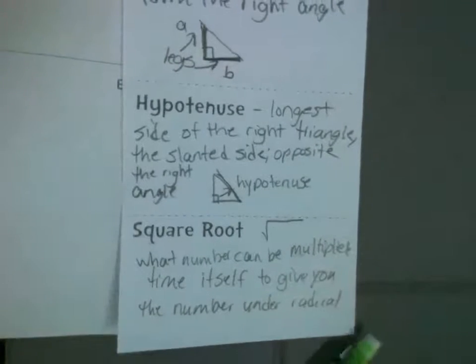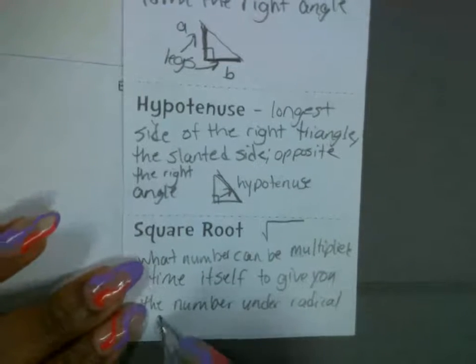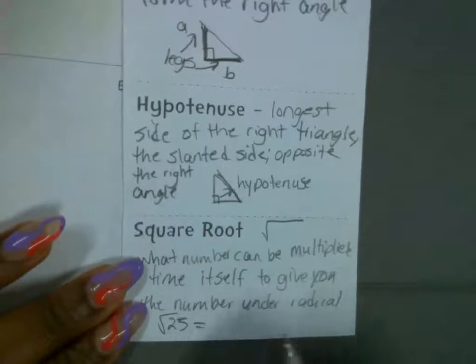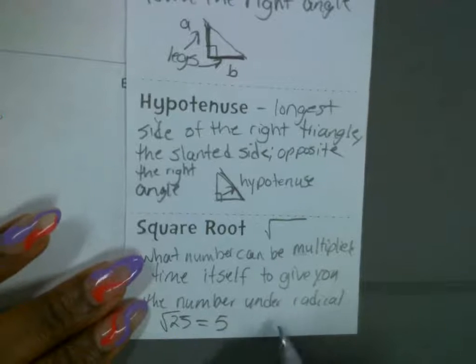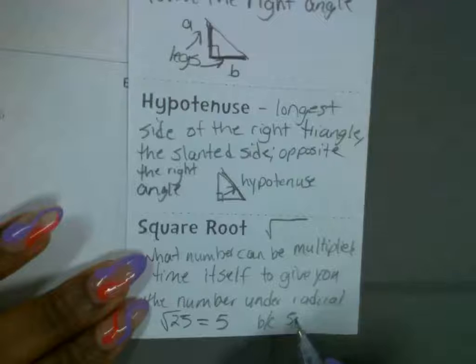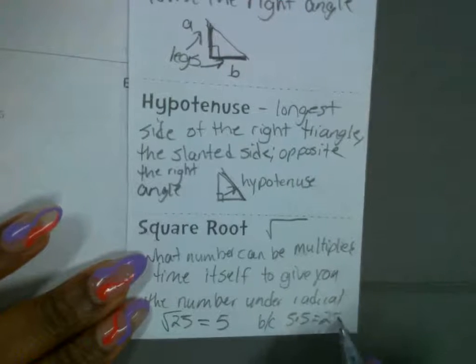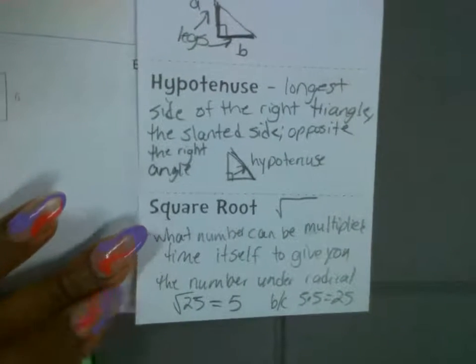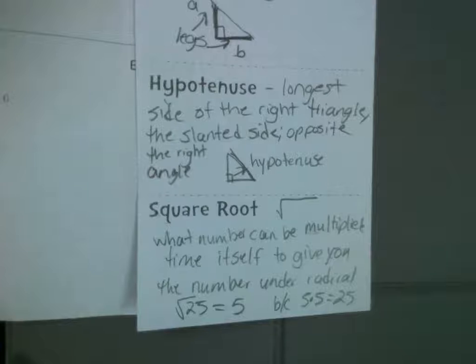All right, that's what it means. So like the square root of 25 is 5. Why? Because 5 can be multiplied times itself. 5 times 5 gives you 25. So the answer is 5. And we are going to need to know that to solve these problems.